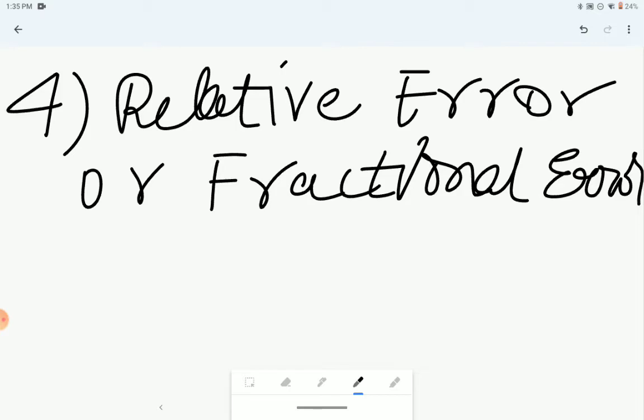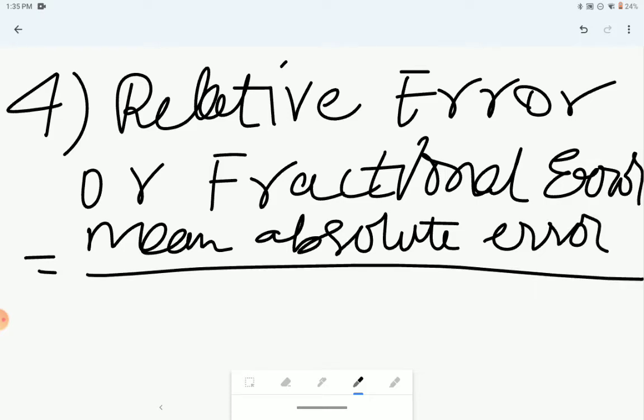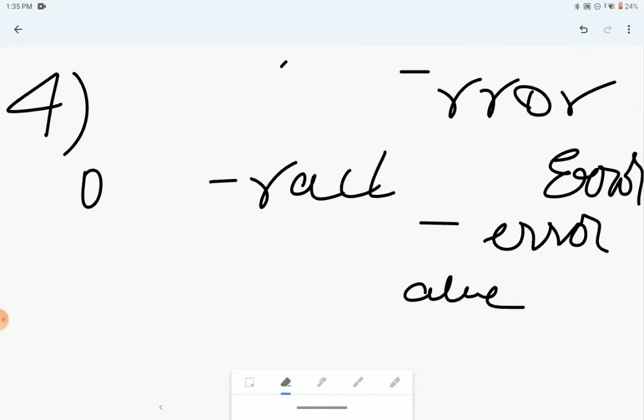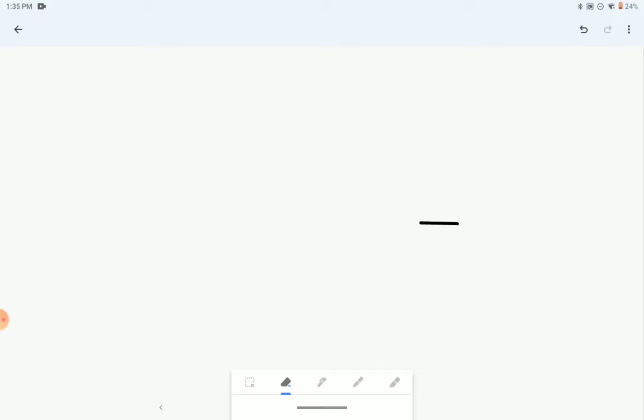Relative error or fractional error is defined as mean absolute error upon mean value, which means delta A bar upon Am.